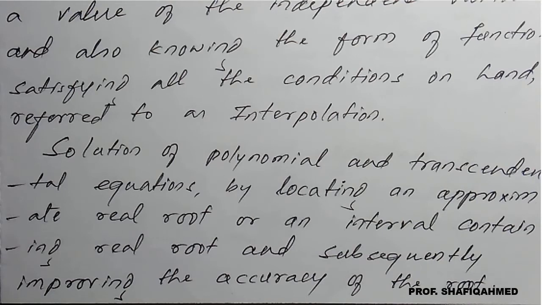For example, you have seen in previous classes how to find the roots of a given quadratic or cubic equation. Root means factors, making factors for the given equation and getting the values for x. Sometimes we'll get a real root, or sometimes an approximate root.